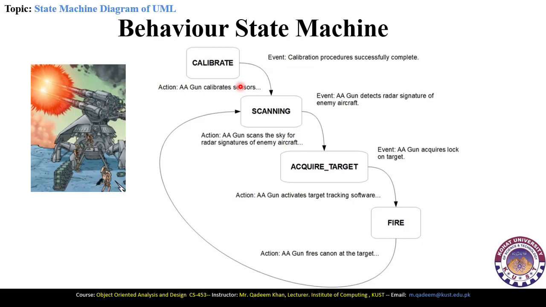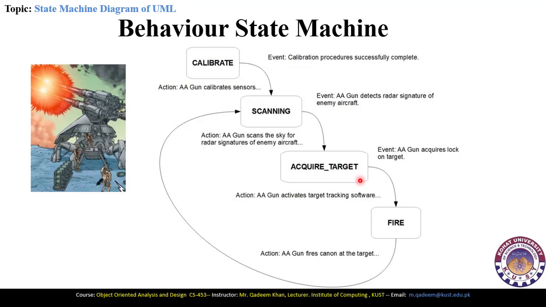So in this behavior state machine diagram, you can see that all the states represent the behavior of the system. The states are representing the main functionalities of the system, for example, calibrate, scanning, acquire target, and fire. You can see that all these words inside these states are representing a certain action.